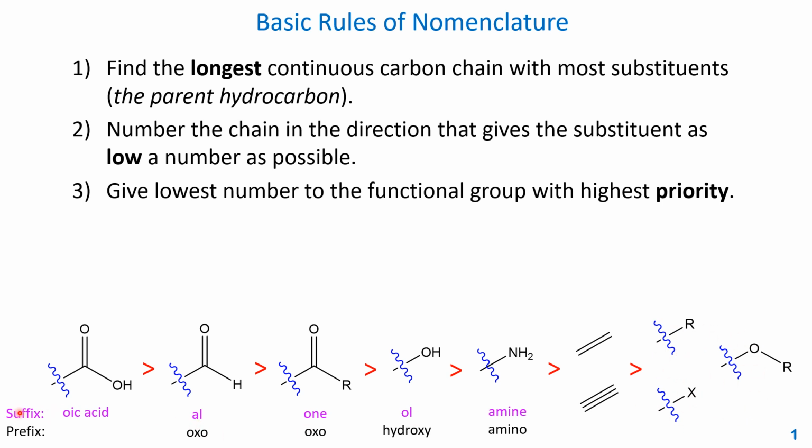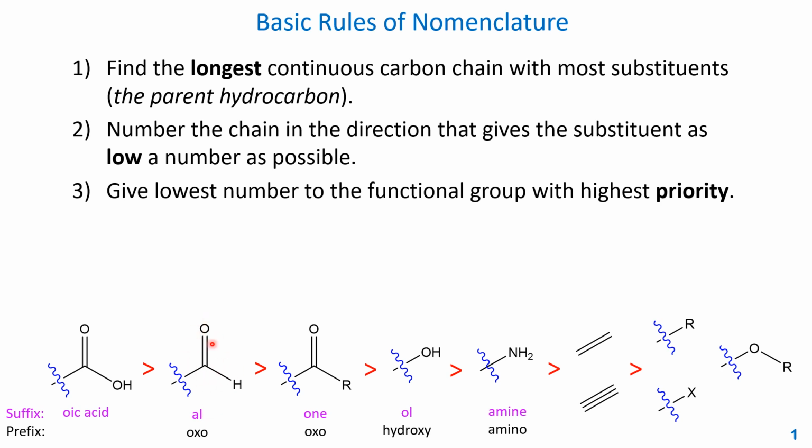Now you may notice I have a suffix and a prefix. When this functional group is the highest priority in the compound, you will name the compound after it and put this name in the suffix. For example, if you have aldehyde as the highest priority in the compound, and you call this compound an aldehyde, the suffix will be -al, meaning aldehyde.